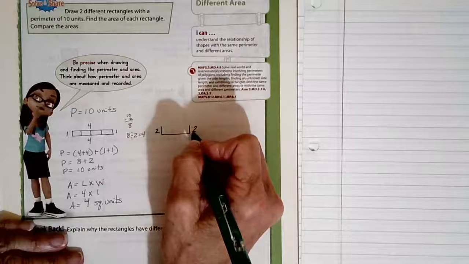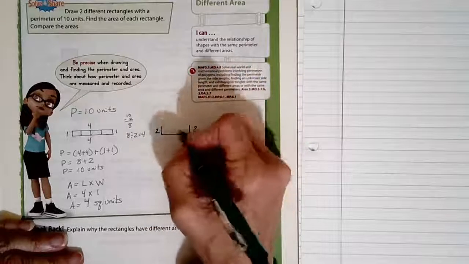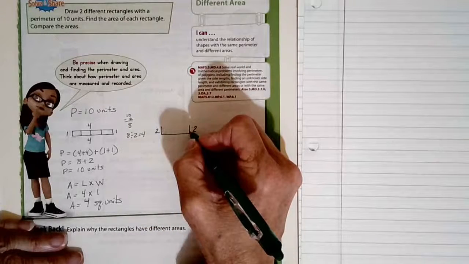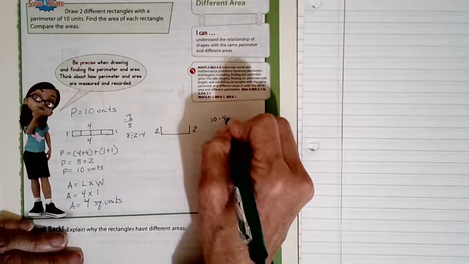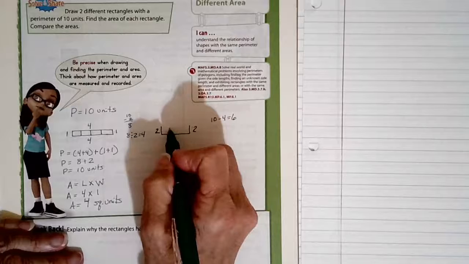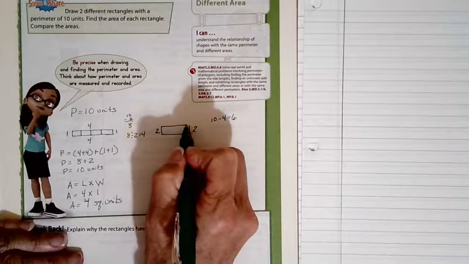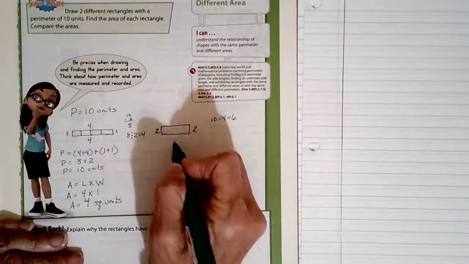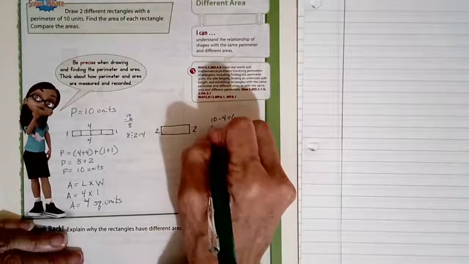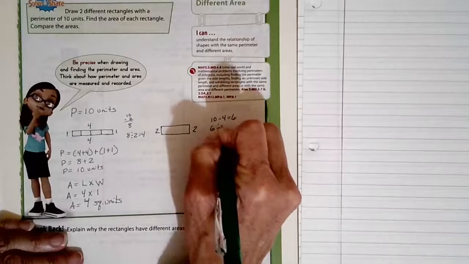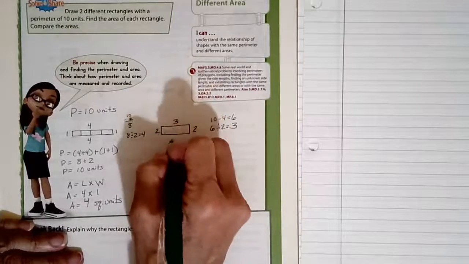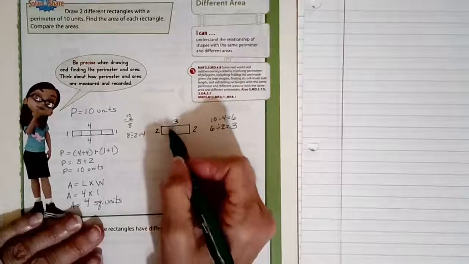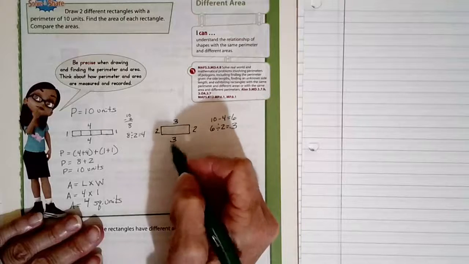And if my side is 2, that would be 2 plus 2 is 4, and I have to have 10 total, so that would be 10 minus 4 equals 6. I know that my total combined for these two measurements is going to be 6. So that would be 6 divided by 2 equals 3. So my top and bottom measurement are going to be 3.